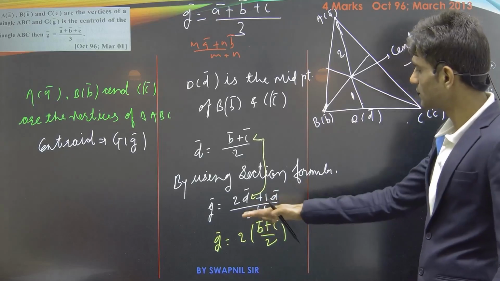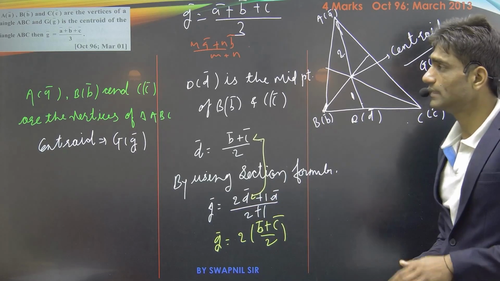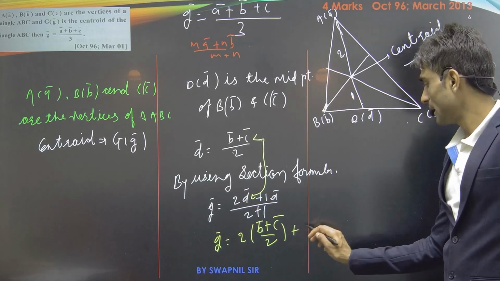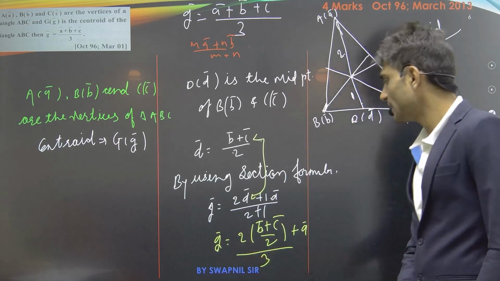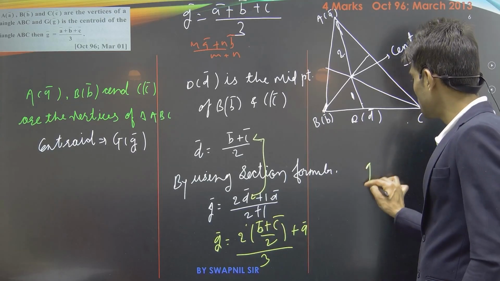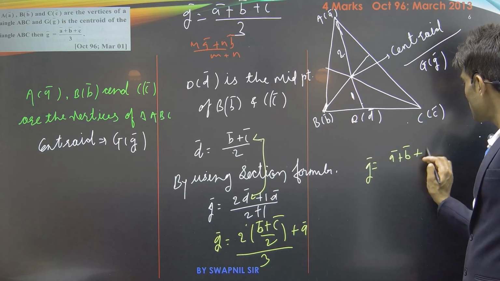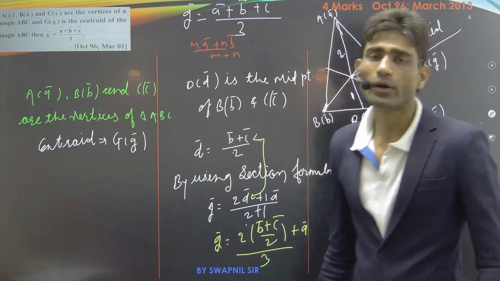Because this step is new, and you need to understand it. Upon 2 plus 1, that is directly 3. Now see that the 2 cancels, so we get g bar equal to a bar plus b bar plus c bar divided by 3, as the centroid of our triangle.